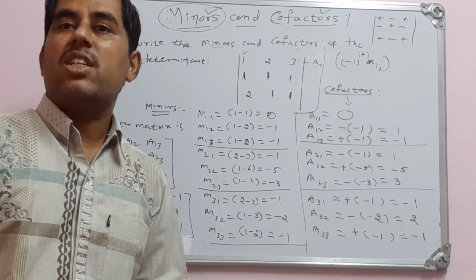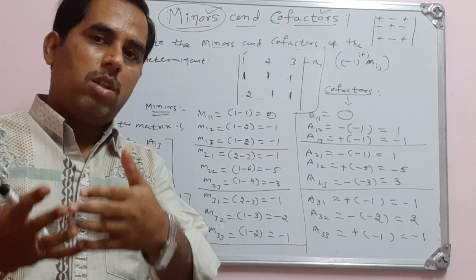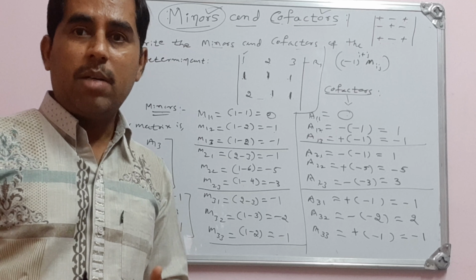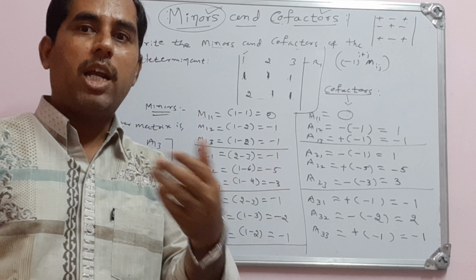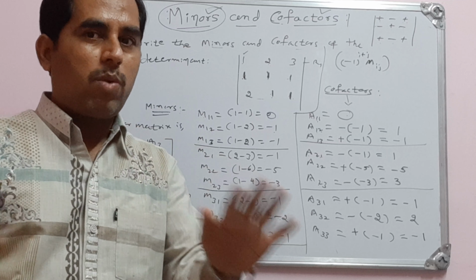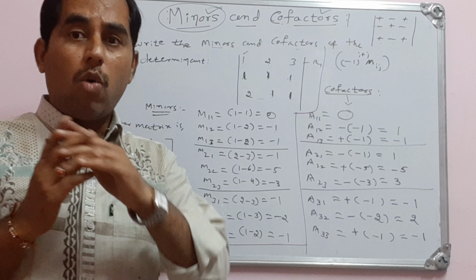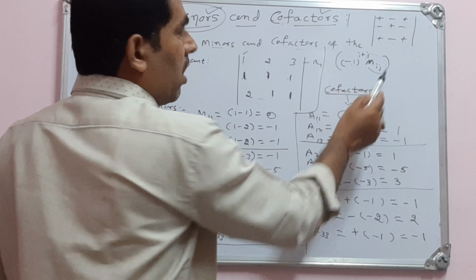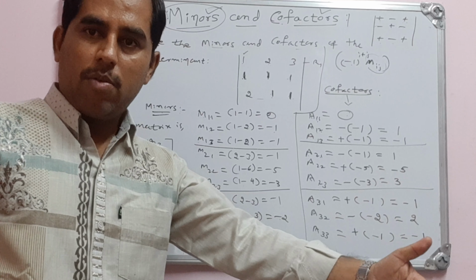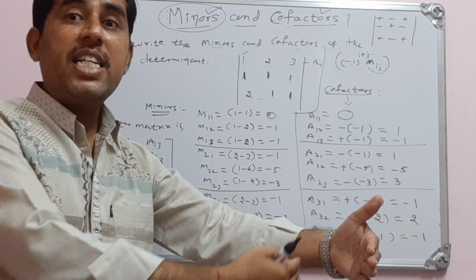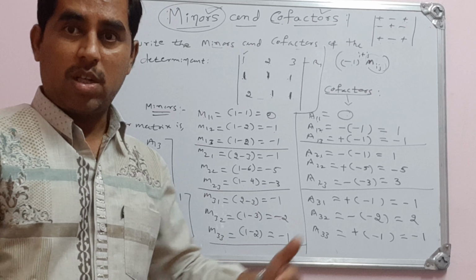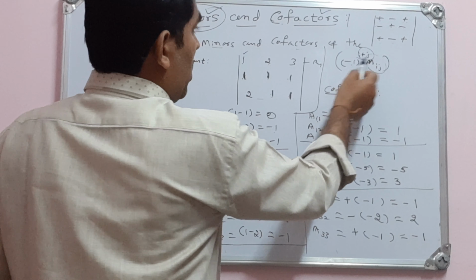Minors means the determinant obtained by deleting the row and column in which the element lies. Don't worry about the signs in the case of minors. Cofactor involves the sign along with the minor. So one side the minor will be there, and we can attach the signs to the minors: plus, minus, plus, depending upon the sum of the indices, whether it is even.